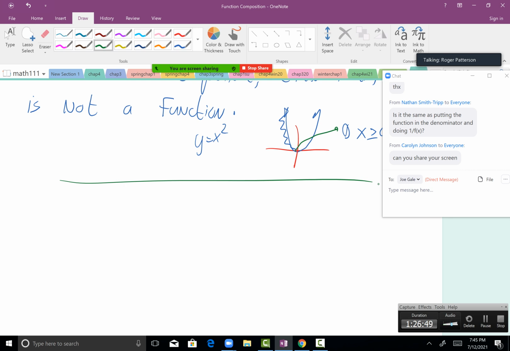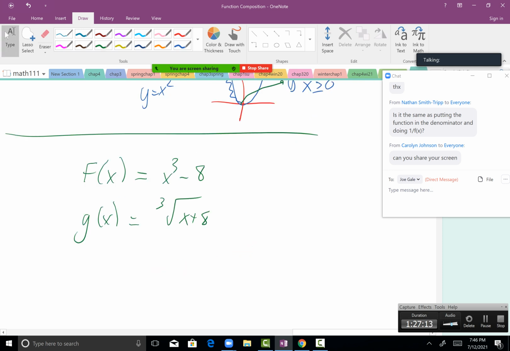So let's say that we have something like this. And it says, can you show that f of g of x is equal to x?